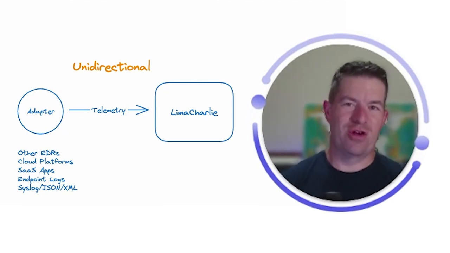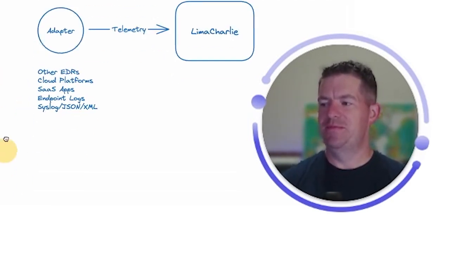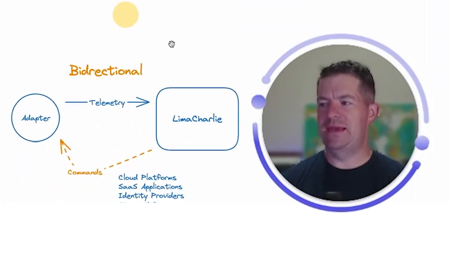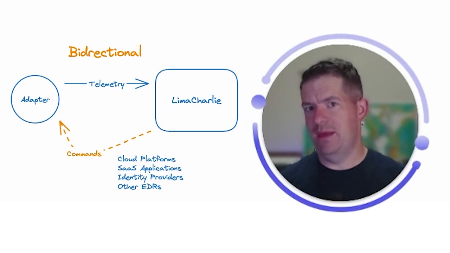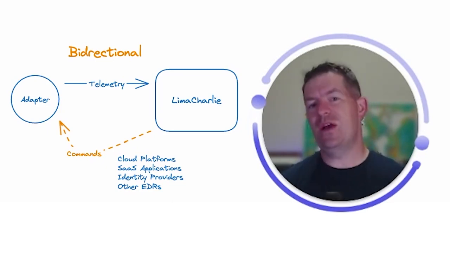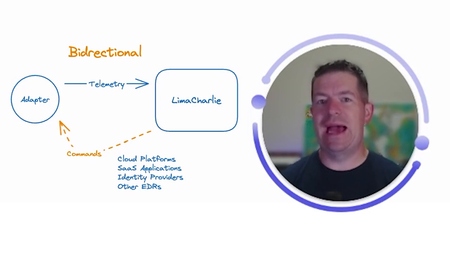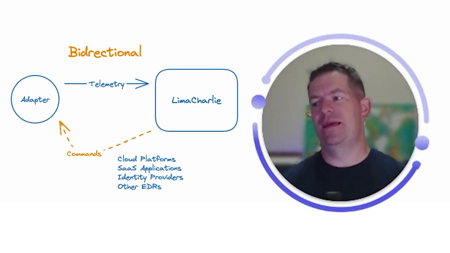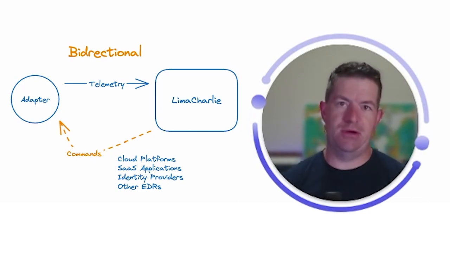That works sometimes. What we're trying to do and what we've changed here from a bi-directional perspective is we are looking to take any telemetry source that's out there, any telemetry source, not just the ones that we've got connectors for, but anything that we can build out backwards and forwards connectivity for and making it bi-directional, making it so that I can reach back to any telemetry source and issue commands, interact with that particular source.